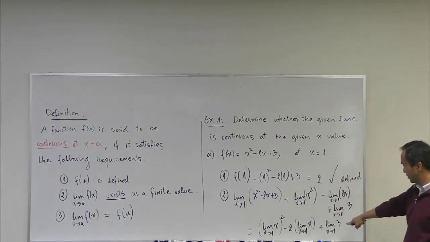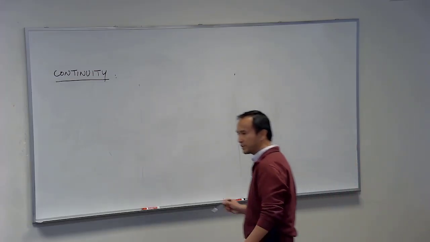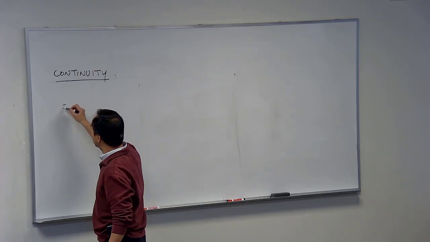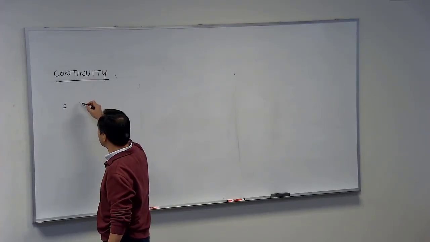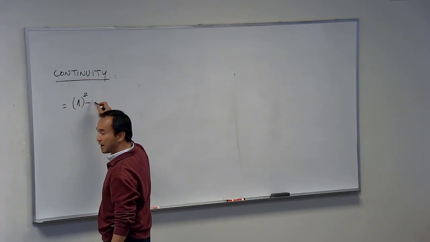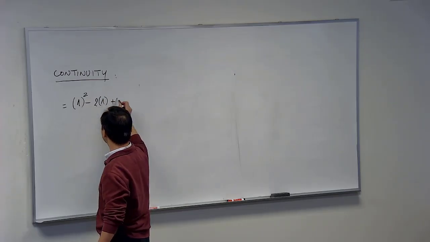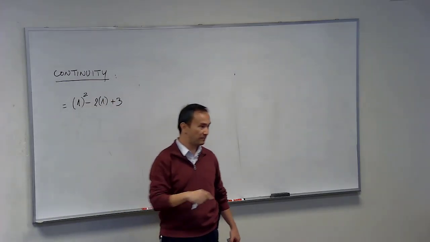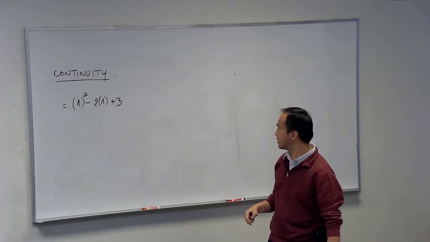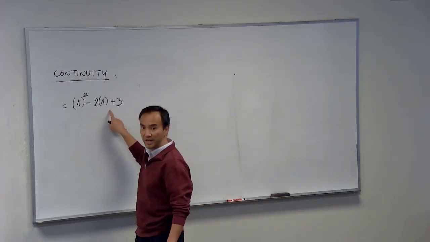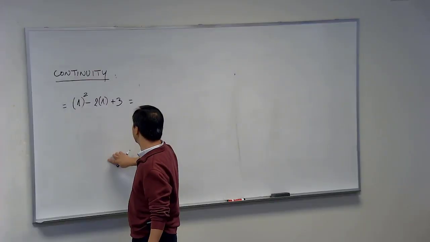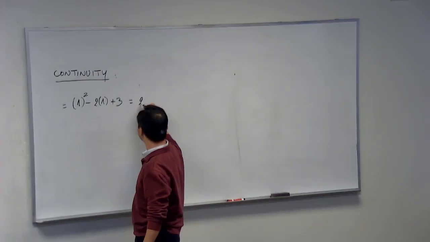That limit comes out being 1 squared minus 2 times 1 plus 3. So the limit works out, after a whole bunch of limit laws are applied, and we're looking at this final setup right here, and that comes out being another 2, right?